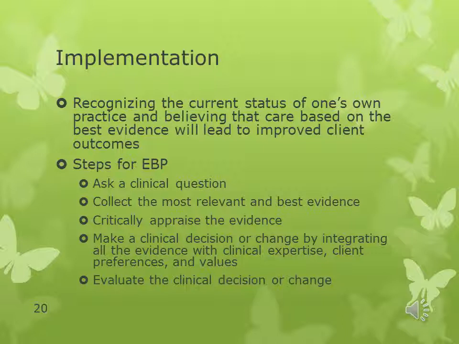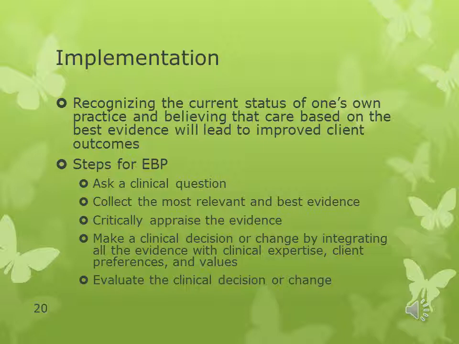So here are the steps for the actual implementation. First of all, we recognize the current status of our own practice or what's going on in the community, and then we believe that our care is based on best evidence, but we want to assure that it is, so that we have the highest level of positive, improved outcomes for our patients.